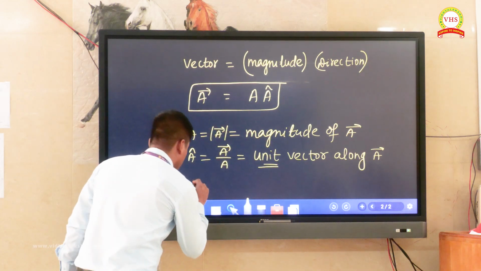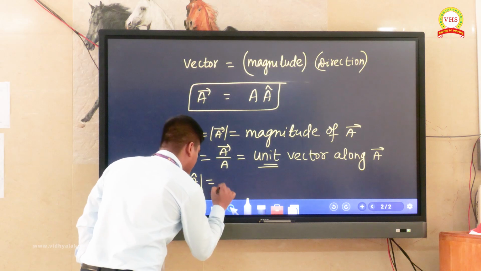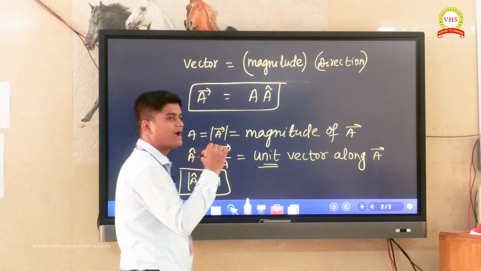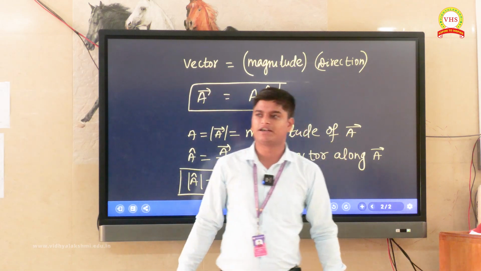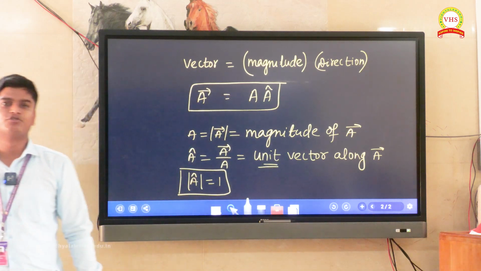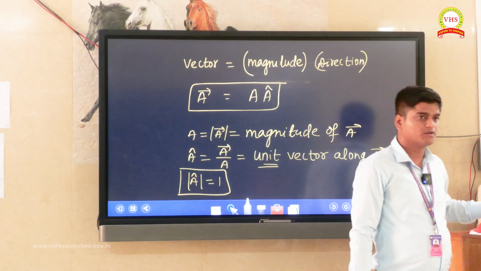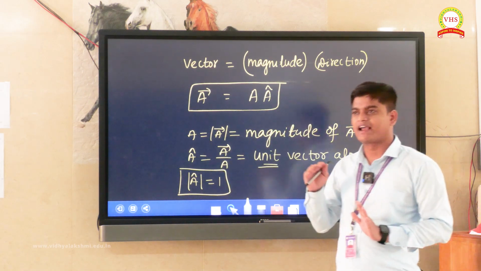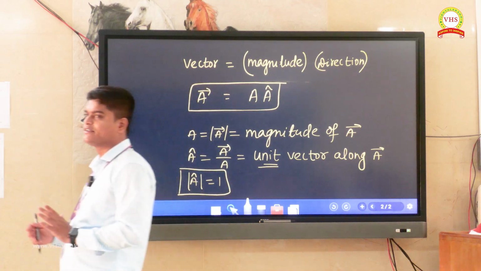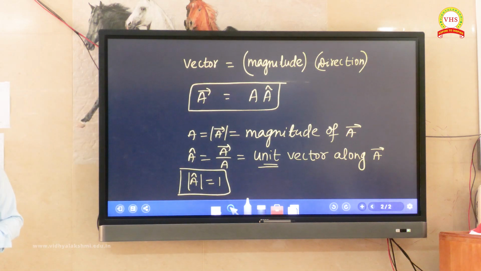If any vector has magnitude 1, then that vector is a unit vector. Now tell everyone, what is a unit vector? The vector which has magnitude 1 is called a unit vector.